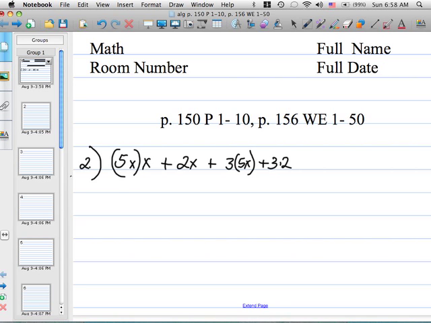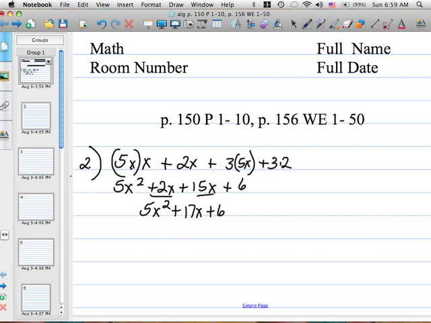So multiplying that out, I get 5x squared, x times x is x squared, plus 2x, plus 3 times 5x is 15x, plus 6. Collecting like terms, 5x squared plus 17x plus 6.